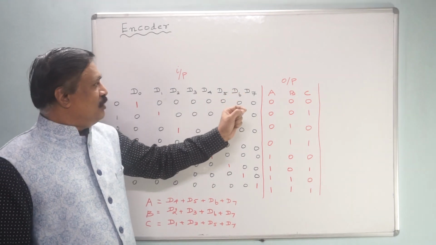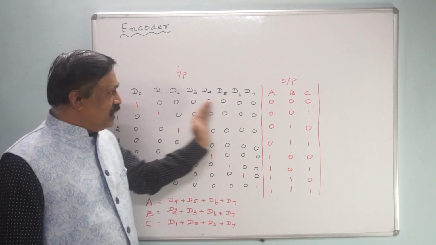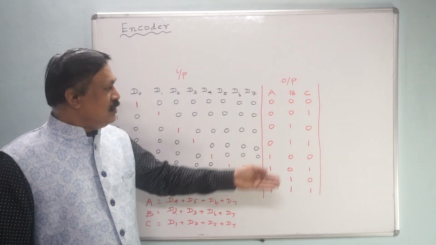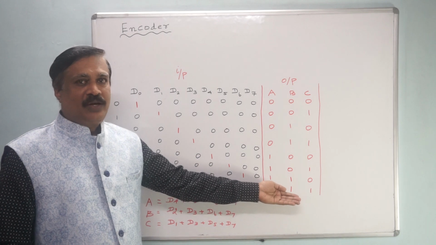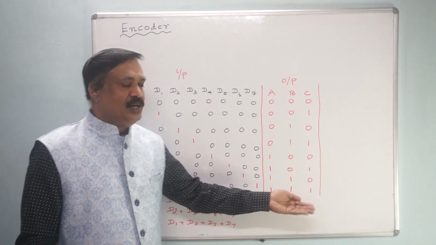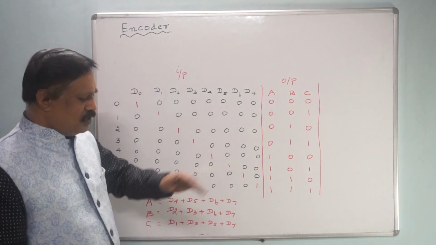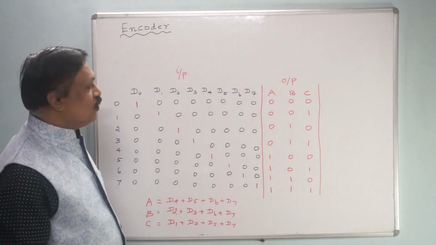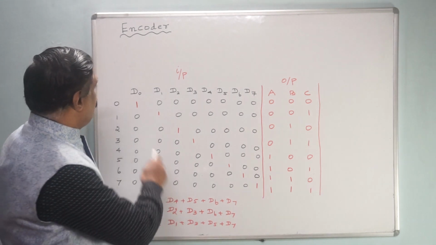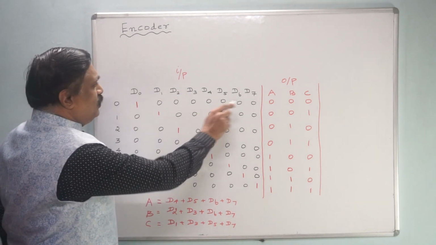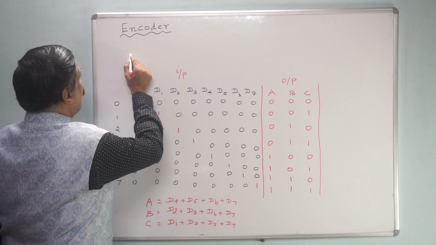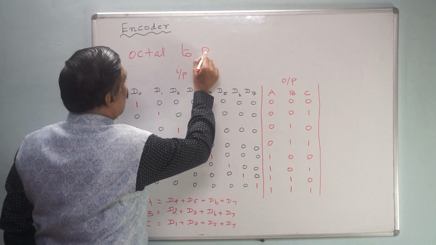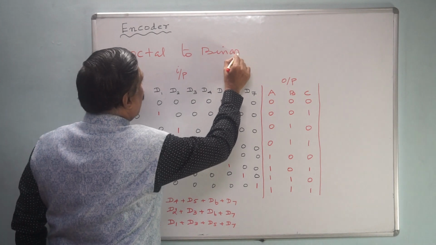Okay. That means we are giving the data and it is going to the computer as a binary number only. Here it is a simple circuit. This simple truth table we are going to design as a simple circuit. Here this is an octal to binary encoder.